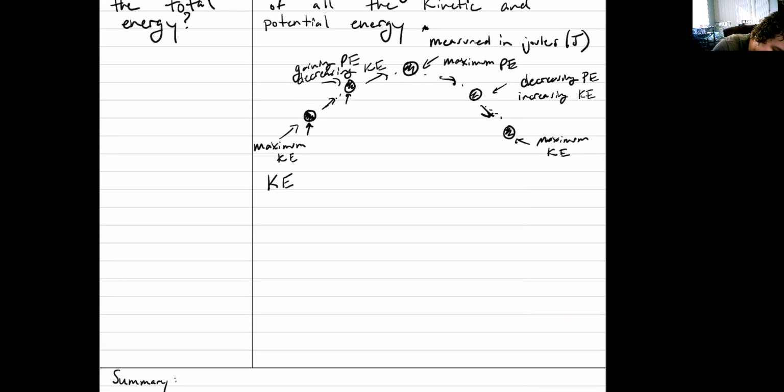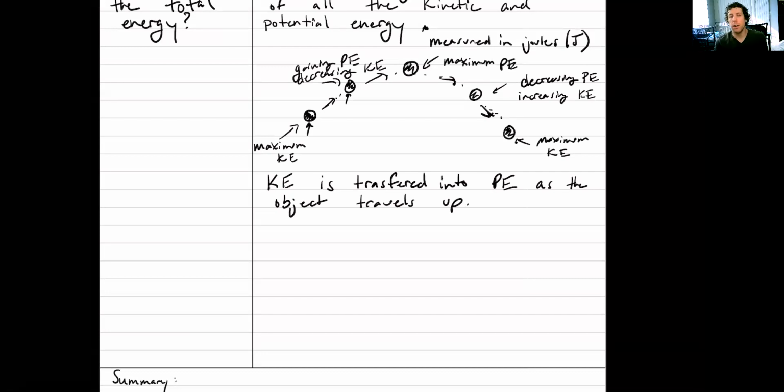Kinetic energy is transferred into potential energy as the object travels up.